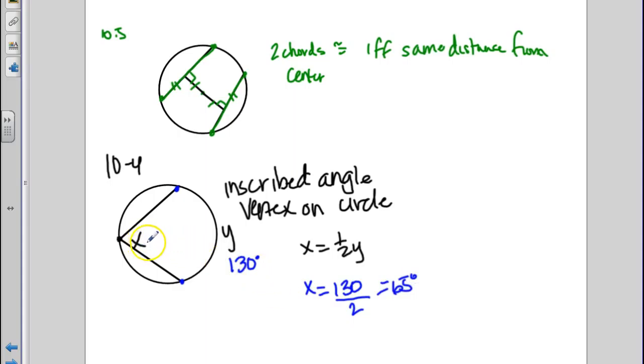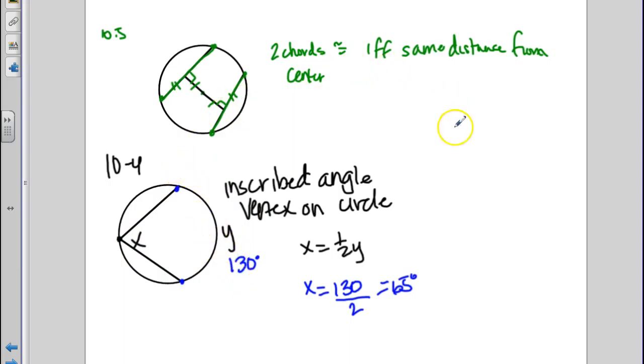It would work similarly if I told you angle X. If I told you angle X was 40 degrees, then you would know that arc Y would be 40 times 2, or 80 degrees. Or if I told you X was 80 degrees, it'd be 80 times 2, or 160 for the arc. So if the angle is on the circle, the arc is going to be twice the angle, or the angle is going to be half of the arc.